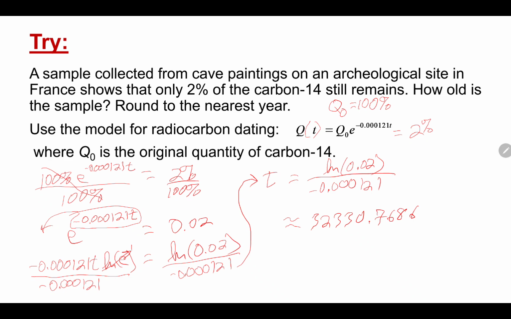And we'll just stop there. It does go on continuously. So how old is the sample? We're going to round to the nearest year. So rounding to the nearest year, this is 32,331 years ago.